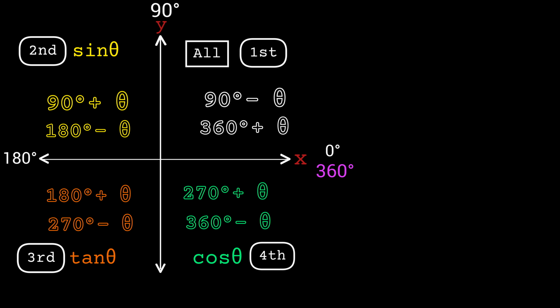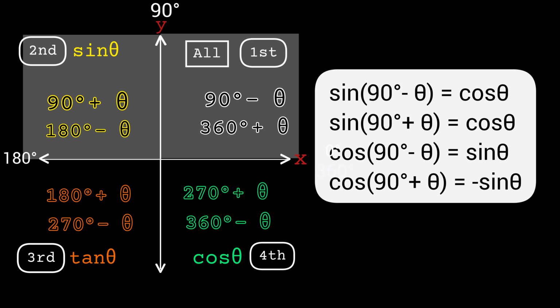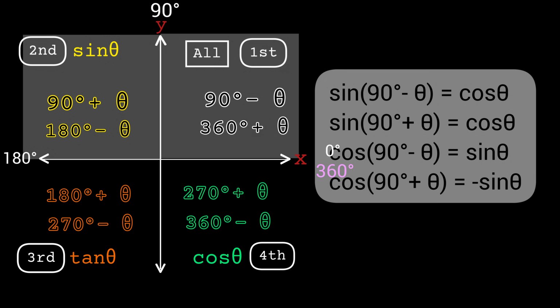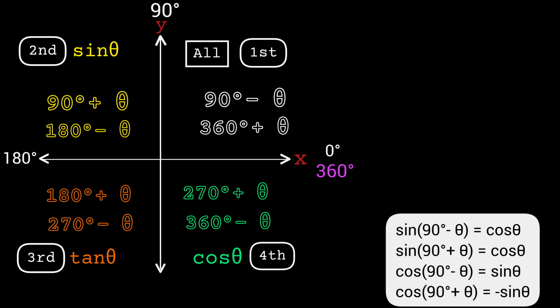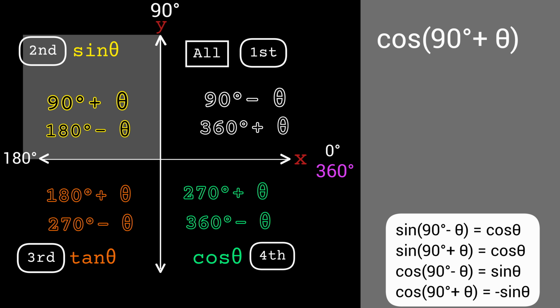It is important to note that the function values of 90 degrees plus or minus theta are the only function values that change the trigonometric function you are working with. When you are dealing with function values of 90 degrees plus or minus theta, sine changes into cos and cos changes into sine. To give you an example, we have cos 90 degrees plus theta. 90 degrees plus theta lies in the second quadrant where only sine theta is positive.